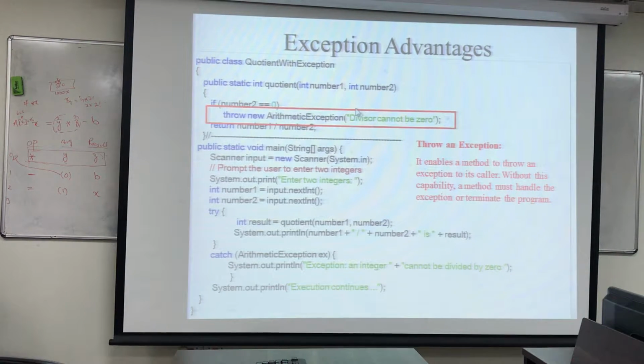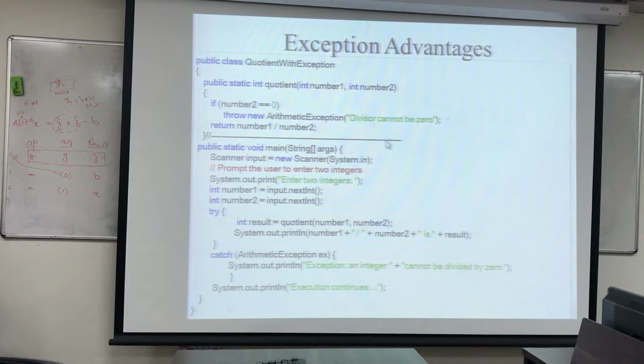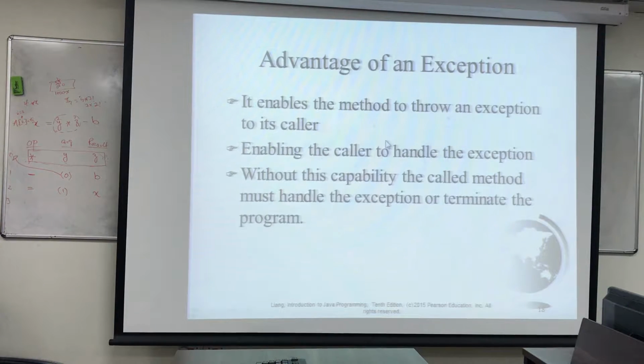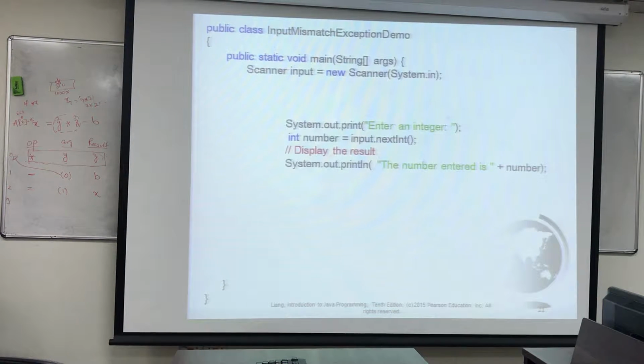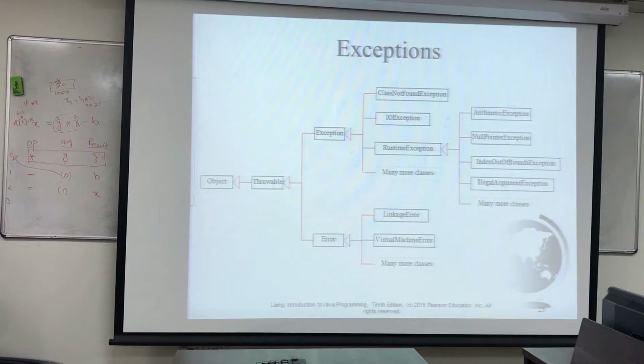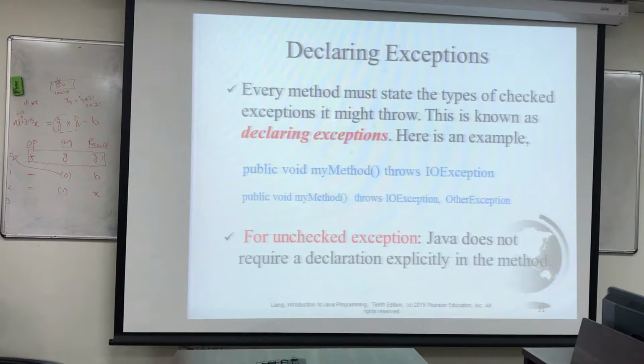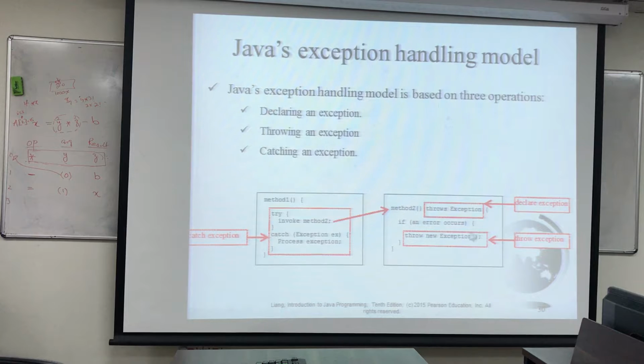This throws we use to declare a method. So what we are doing here is saying that this method will throw an exception. This is your general exception, right?